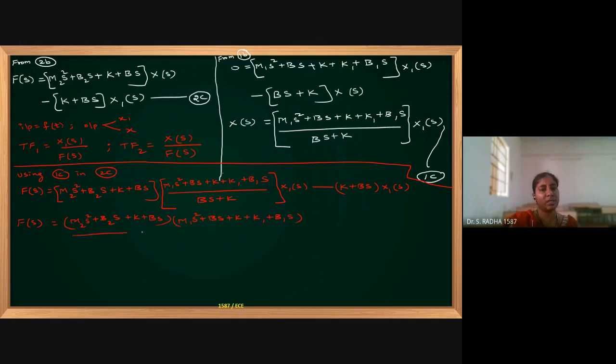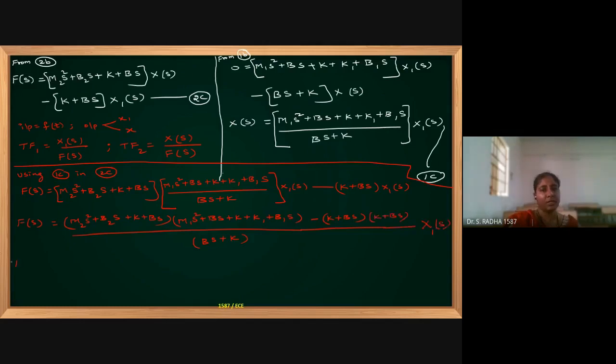If I make the LCM common, bs plus k, my second term is k plus bs, and another k plus bs will come. This whole thing I will have x1 of s.